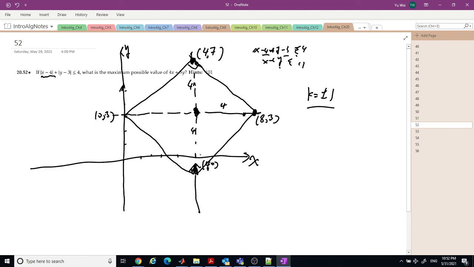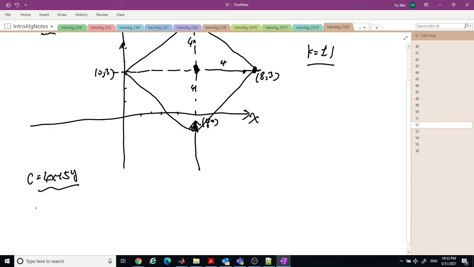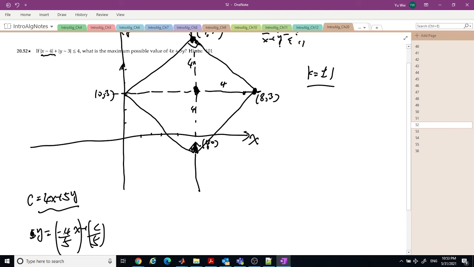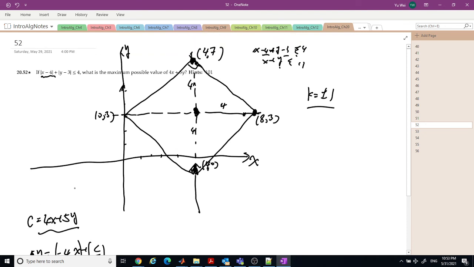Once we constructed this, let's see C equals 4x plus 5y, right? So you can see the slope. 5y is equal to negative 4x plus c, then divided by 5. So now you can see the slope is negative 4 over 5, a little bit less than negative 1, so it's a little bit more flat.